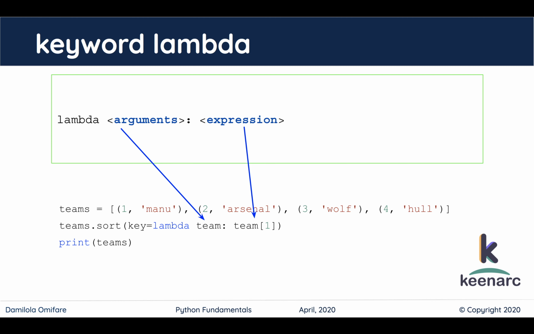You mean how would it obey the lambda team equals team with index 1 at the print, to the team itself?